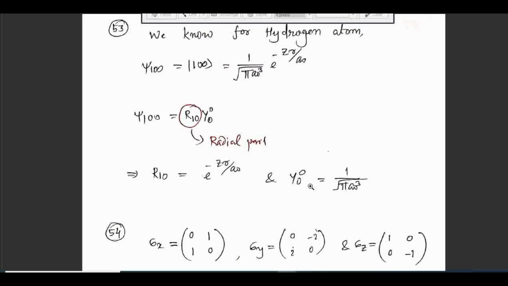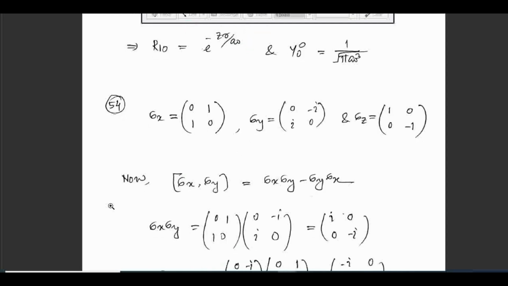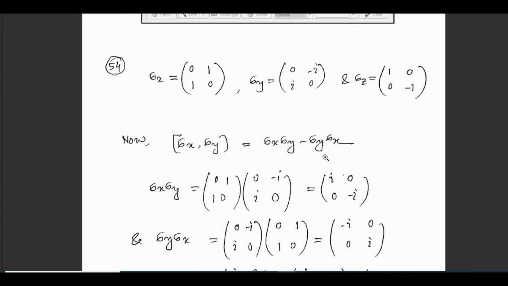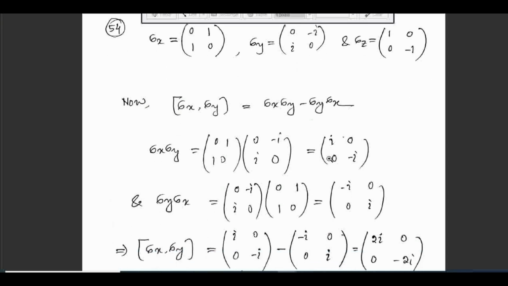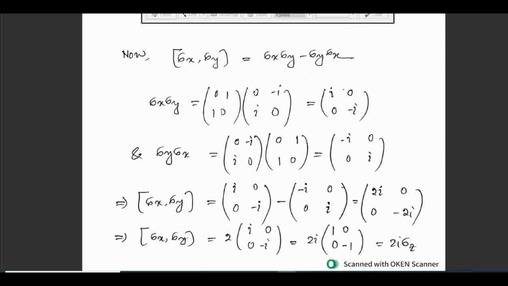If you see the solution, sigma x is this, sigma y is this, sigma z is this, and if you try to find the commutator of sigma x and sigma y, you go through the conventional method and ultimately find that it is equal to this, 2i sigma z.